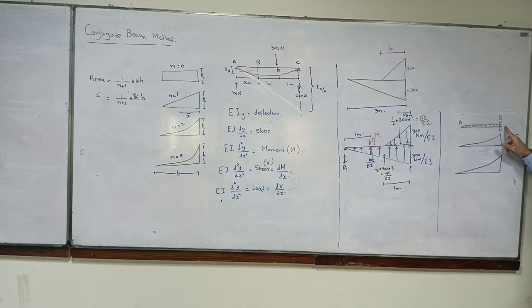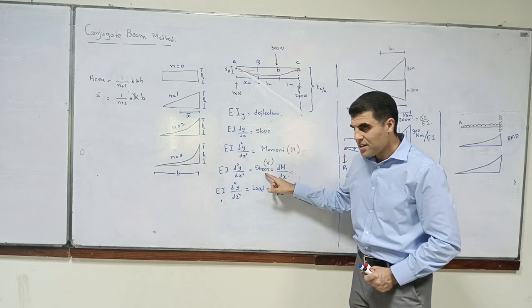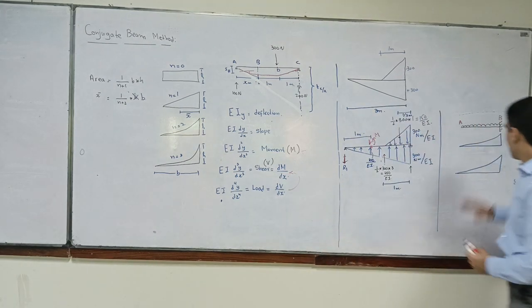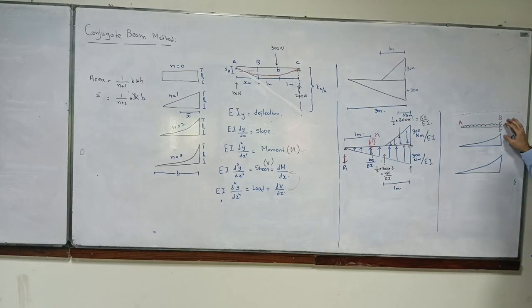So what does that mean? No slope and no deflection, or in other words, my shear and moment should be 0 at this point, isn't it? Yes, sir. But if I load it like this and use B as fixed, my shear and moment won't be 0.